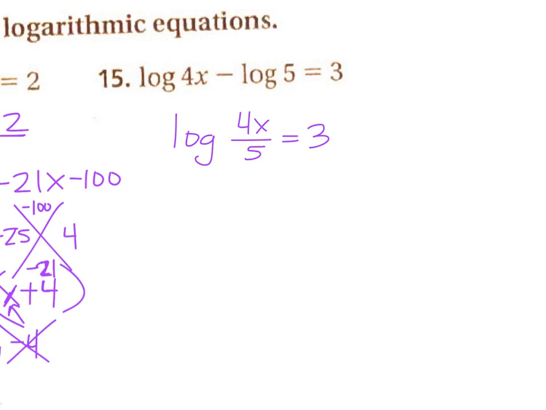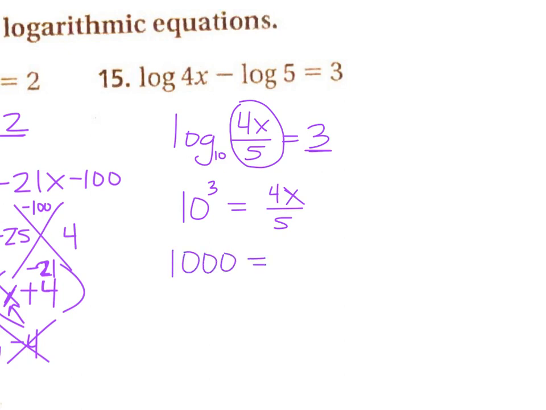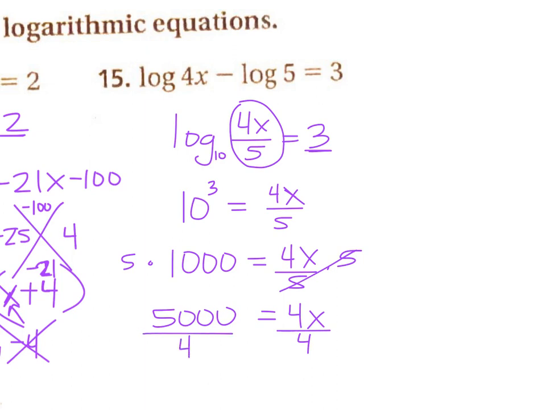And this is still base 10, so we're saying 10 to the third power should equal 4x over 5. 10 to the third is 1,000 equals 4x over 5. So we're going to multiply by 5. So 5,000 equals 4x, and then divide by 4, and you get x equals 1,250.